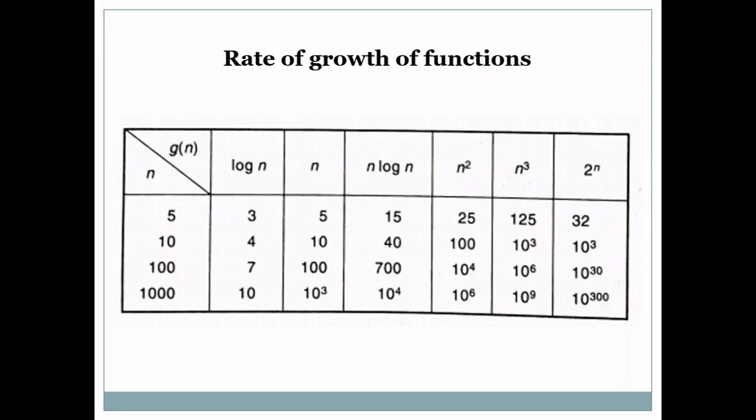That is, the smallest value is log n. That means this will be the best algorithm which takes log n operations. And the worst one will be n cube, that is 125 if the number of inputs is 5.